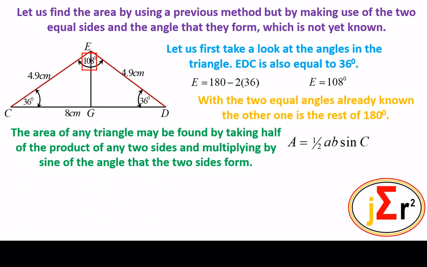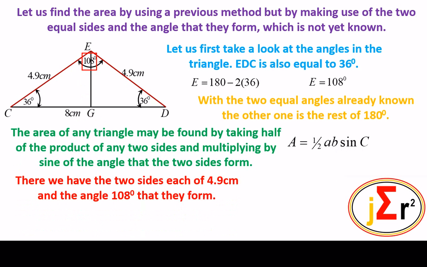The two sides that we have there are the 4.9 centimeters equal sides, and the angle that they form is 108 degrees. There we have the two sides, each of 4.9 centimeters, and the angle 108 degrees that they form. We'll just go straight ahead. a, b, the two sides of the triangle, turn out to be 4.9, 4.9, and the angle that they form is that 108 degrees.